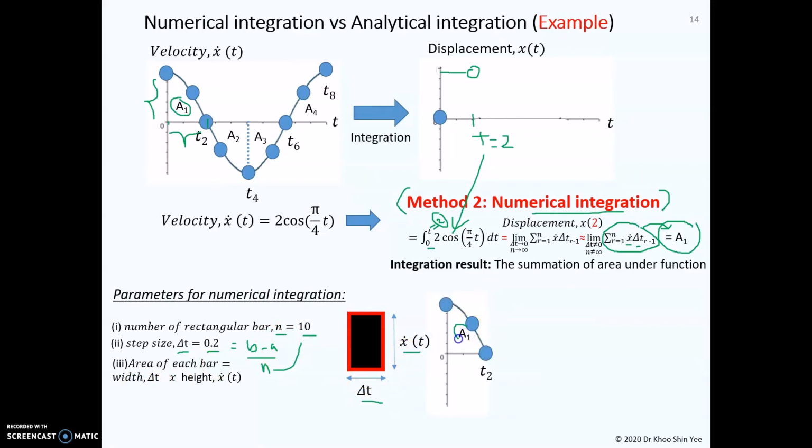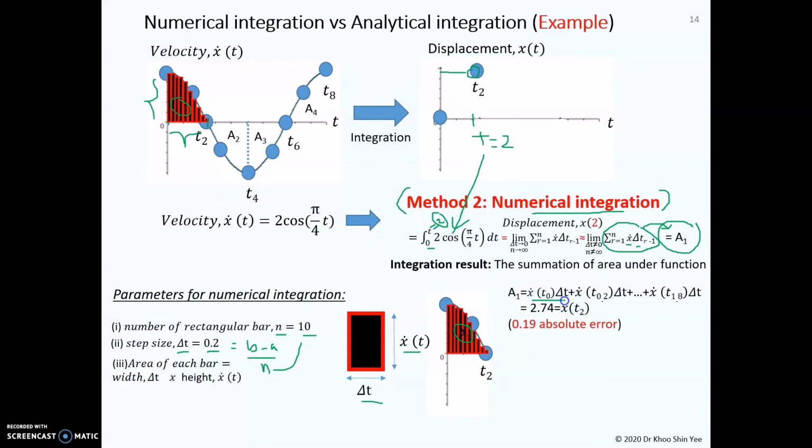Let's approximate the area A1 by using these 10 bars. By taking the summation of the area from bar 1, bar 2, up to bar 10, you can find the total area, which is equal to 2.74. 2.74 is the displacement result at t equal to 2 that is approximated by using numerical integration.